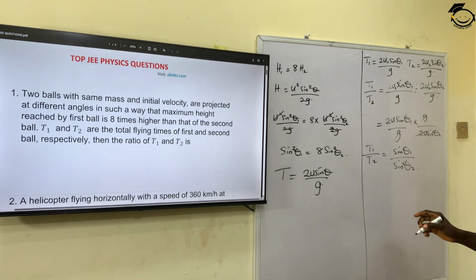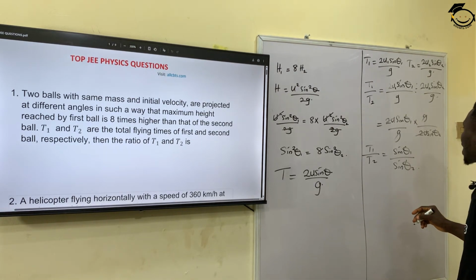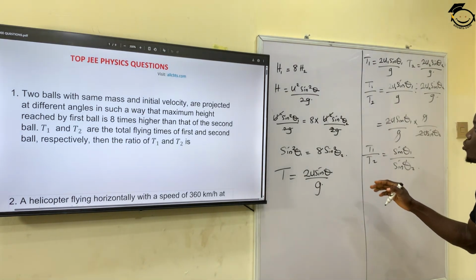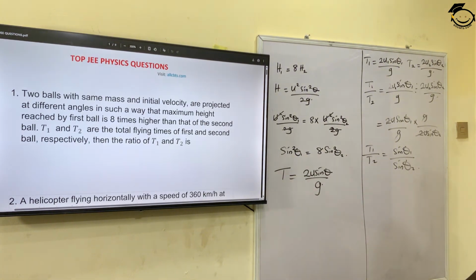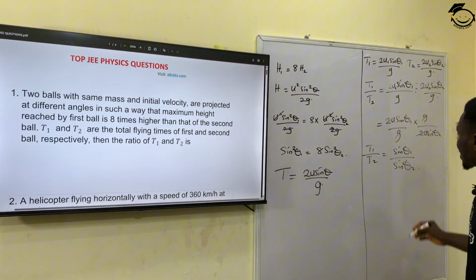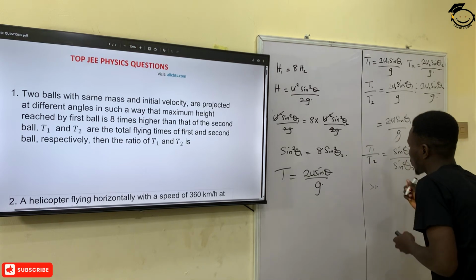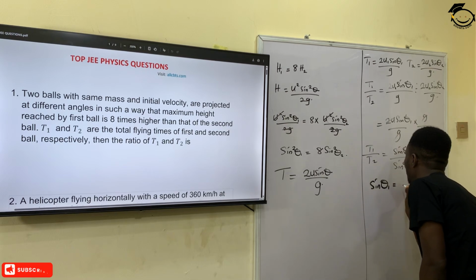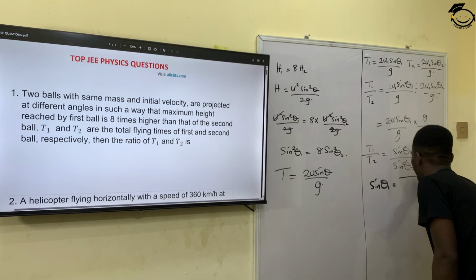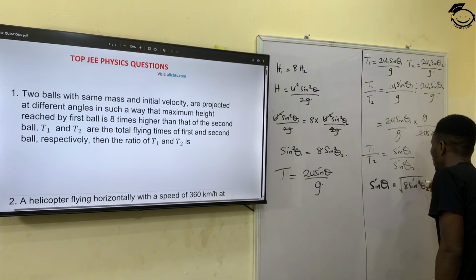And my sine theta 1 has already been given in the question. From what we have established, we know that sine square theta 1 is equal to 8 sine square theta 2, which means that sine theta 1 is going to give me the square root of 8 sine square theta 2.